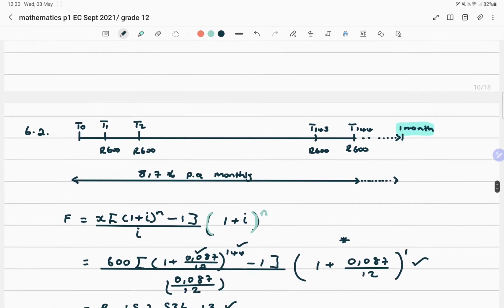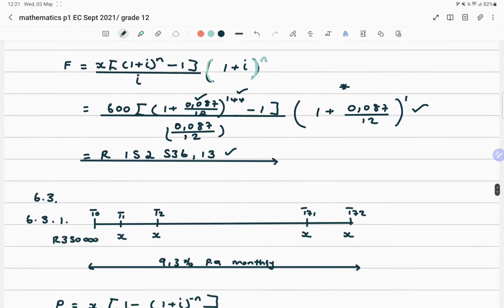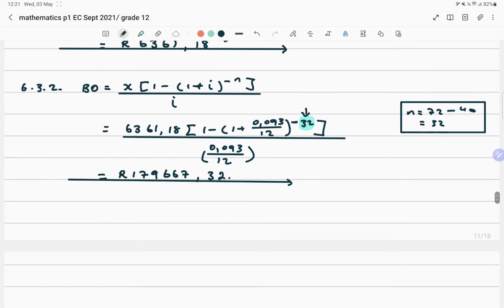But if you wanted to use the future value formula, for us to know how much we are owing is essentially to take the future value of this entire 144, right? And then we subtract the amount that we've already paid, which is up to the 40 terms that we will have paid. Then whatever remains is the balance outstanding. I forgot how I used to write this formula, that's all. But forget it for now, it's not a big deal.